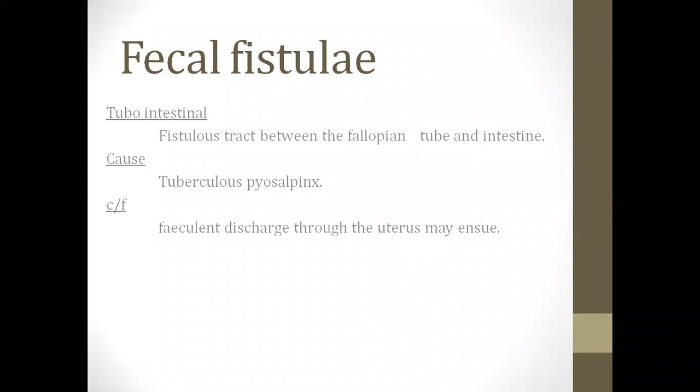Fecal fistula. These are, as I said, tubointestinal fistulas. A fistula tract between the fallopian tube and the intestine. Tuberculous pyosalpinx may rupture into the gut and may cause tubointestinal fistula, and the patient complains of feculent discharge through the uterus.